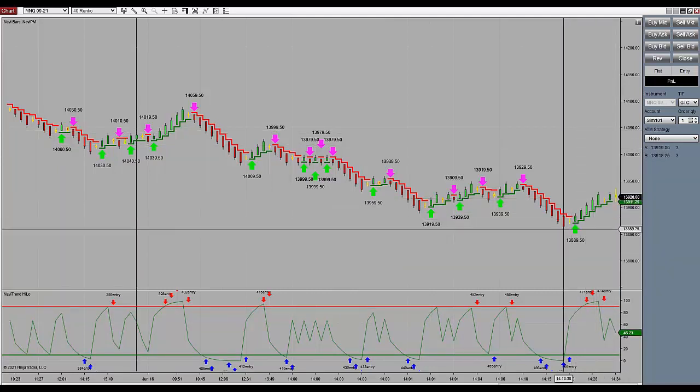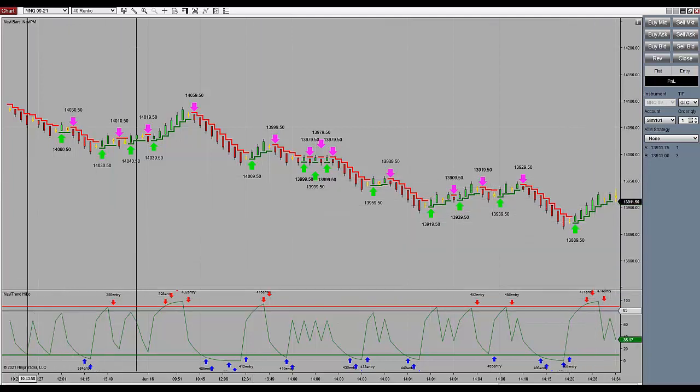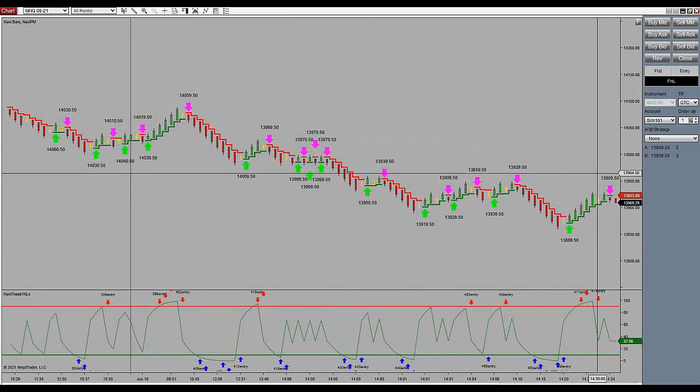All right, so we had that move up. We've got the Fed press conference going on right now. All right, so there's a new sell signal on the Nasdaq.